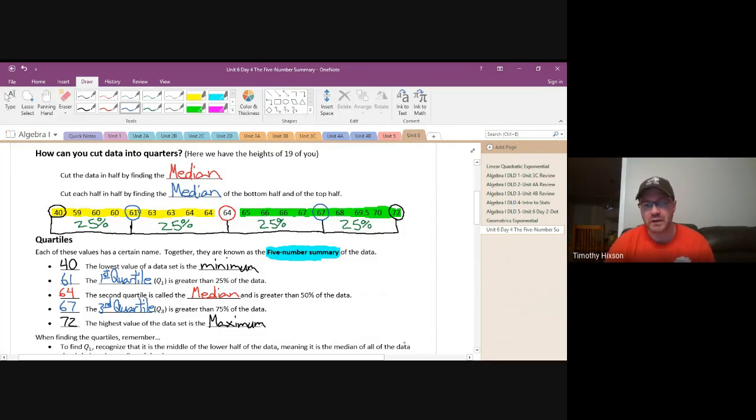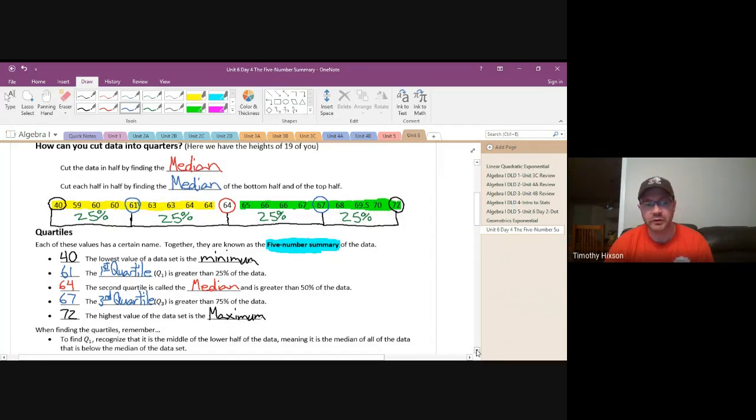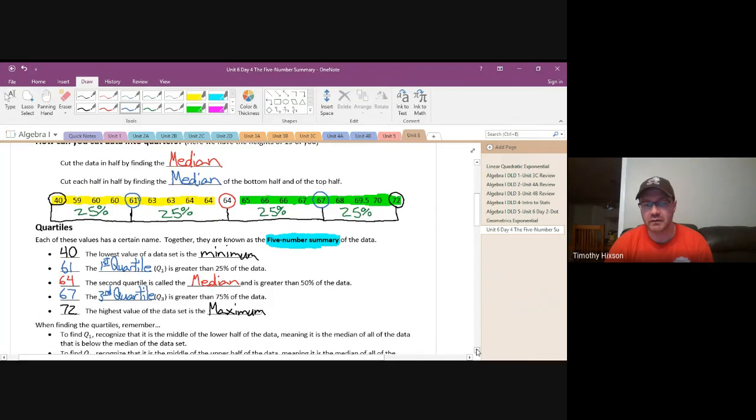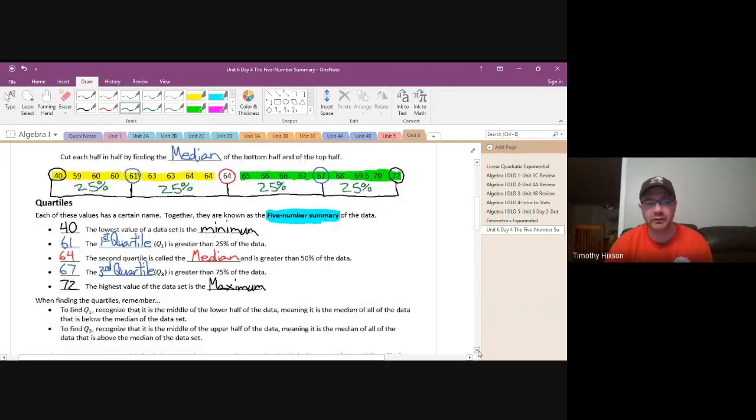Now, one thing to keep in mind as you're finding these quartiles: to find the first quartile, recognize it's the middle of the lower half of the data, or the median of all the data below the median of the whole data set. So here's the whole data set.